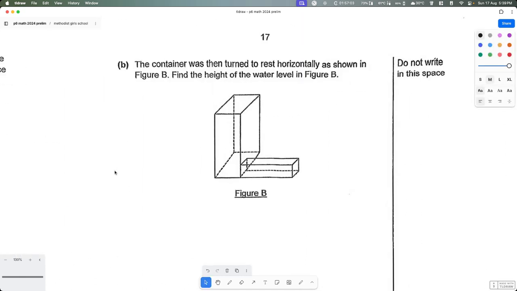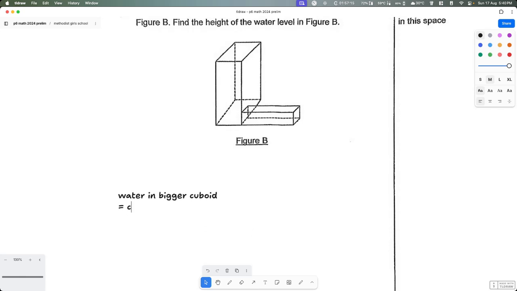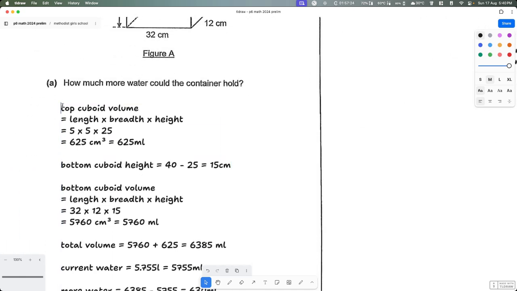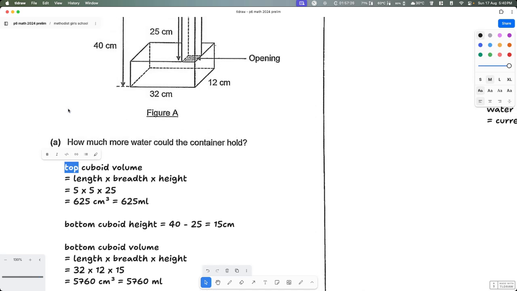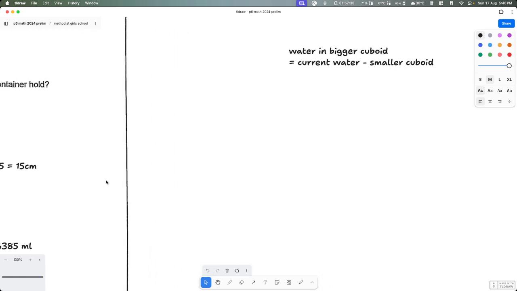So the water in the bigger cuboid is equal to the current water minus the smaller cuboid. This is the bottom and bigger cuboid. So smaller is 625.